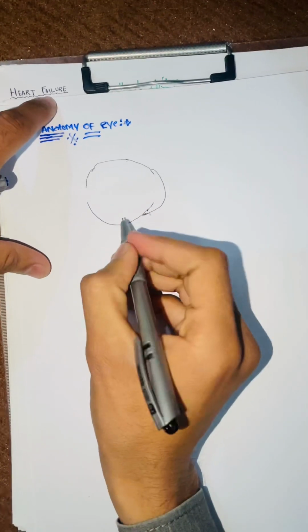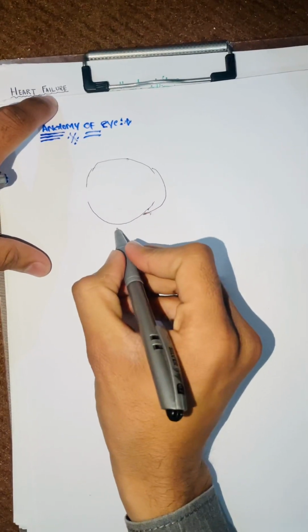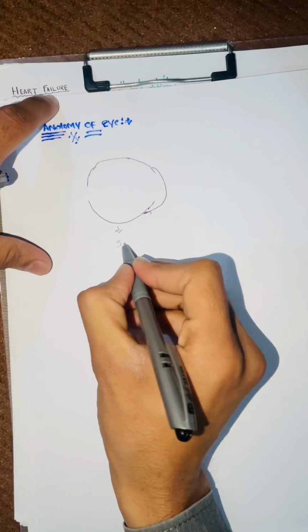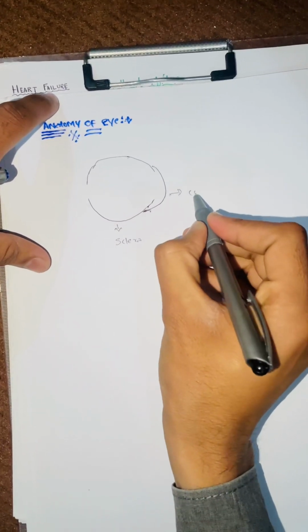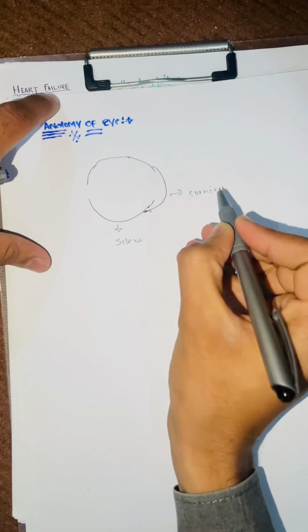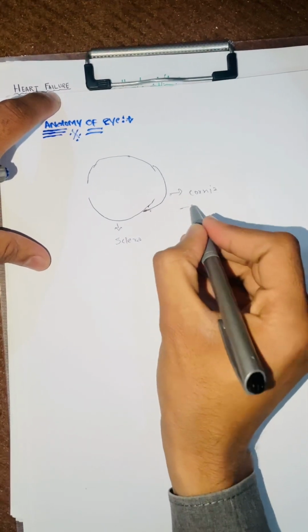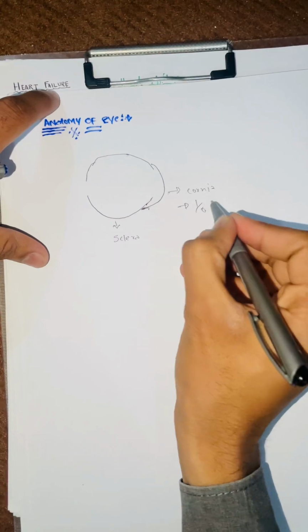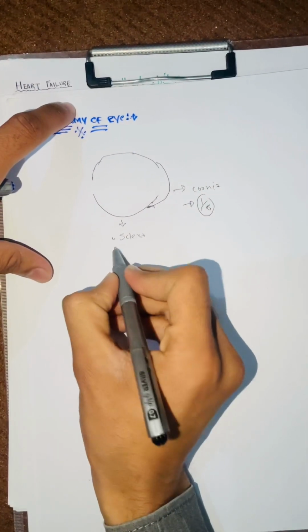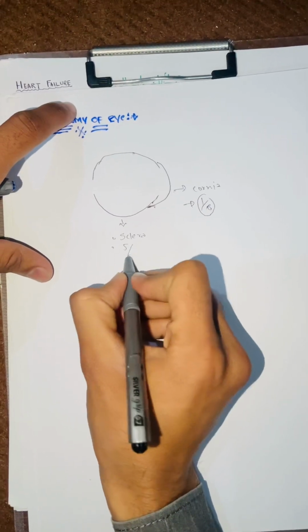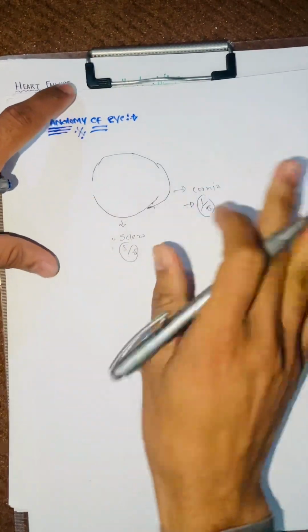This one is the outer layer, which consists of two parts. This one is the sclera, this one is the cornea, which covers 1/6 part of the outer part. This one covers 5/6.